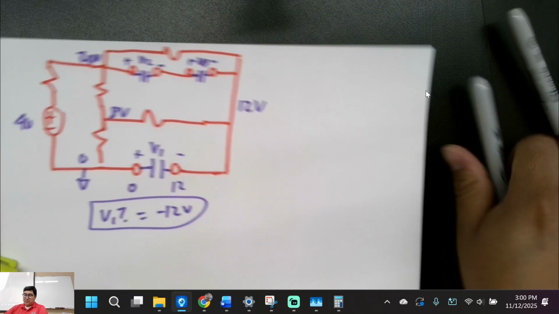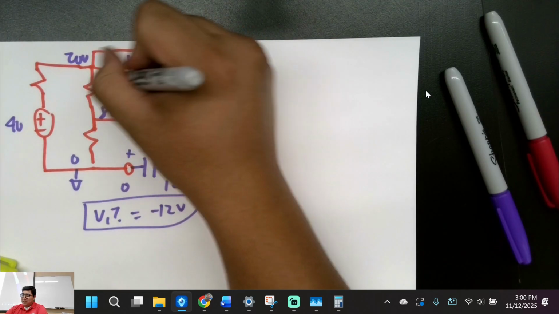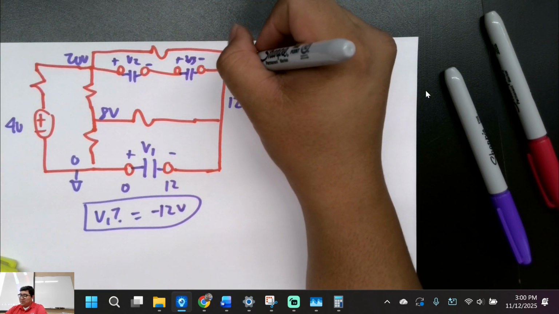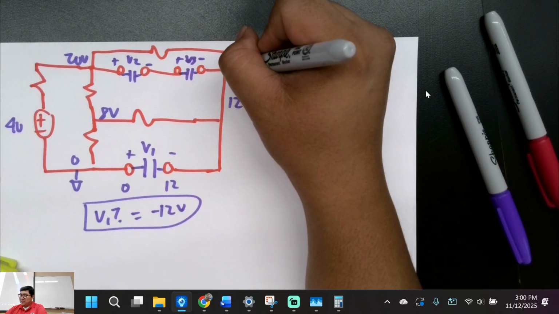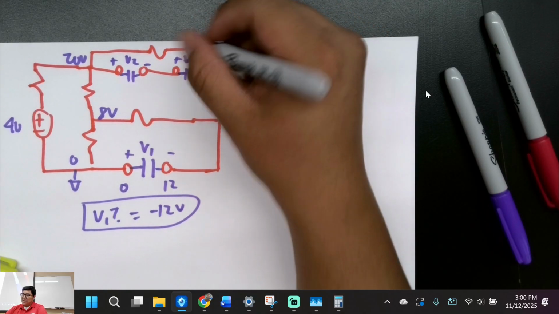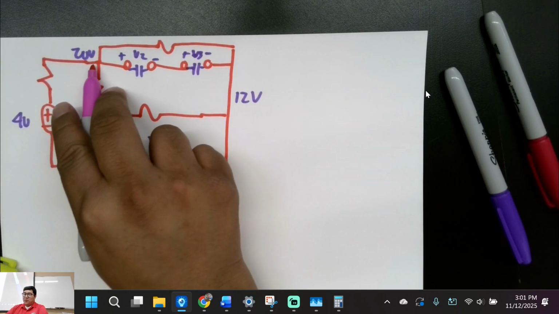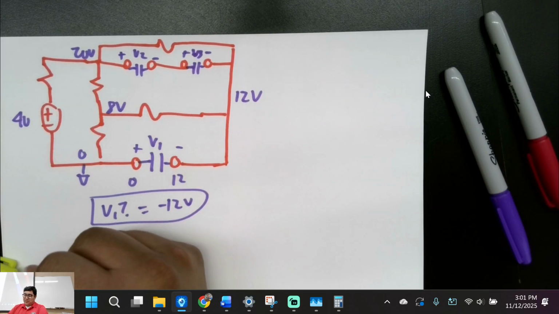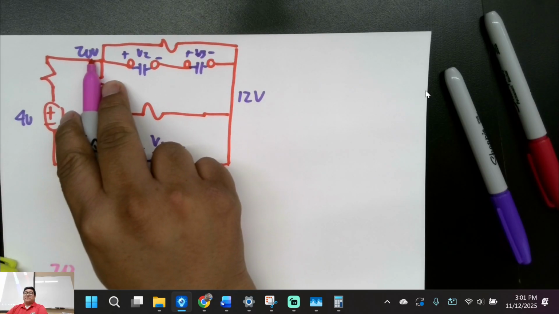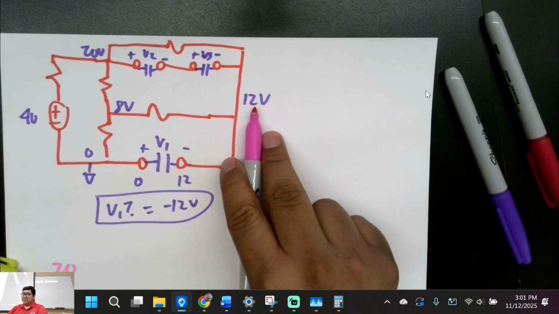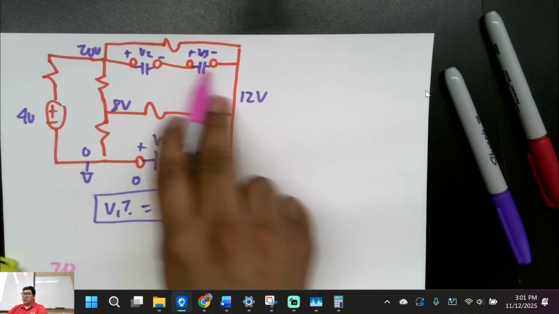I want to give it to you guys an easier way. Believe me, the voltage here is 20, right? 20 volts right here. And the voltage right here is 12.